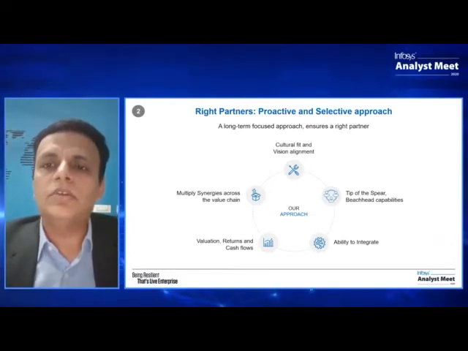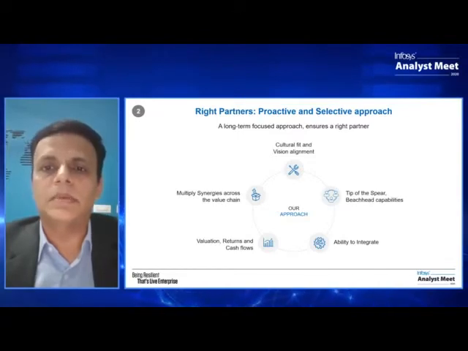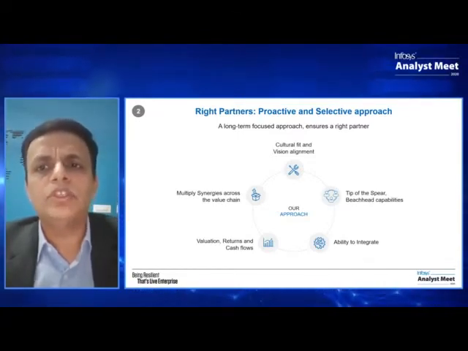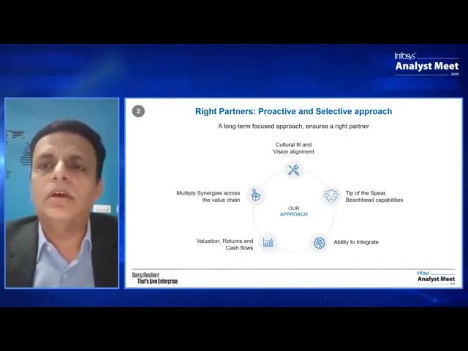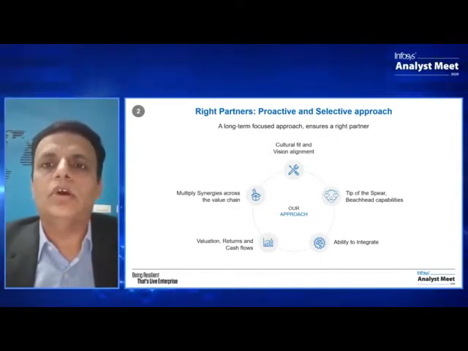Secondly, we are always looking at assets that have a potential to become a beachhead in the areas of their specialization and our key markets. We also try to do an early assessment of what it will take to integrate, be it go-to-market, business, IT, offerings, etc., as we evaluate any target.